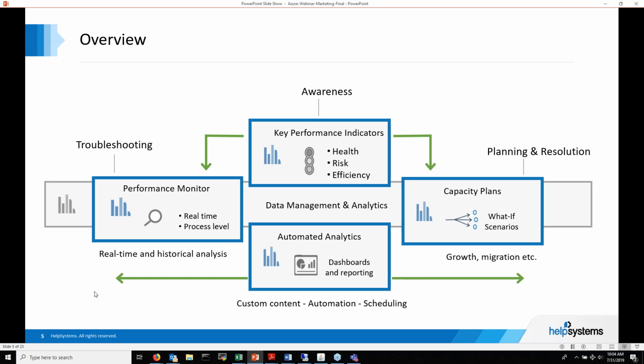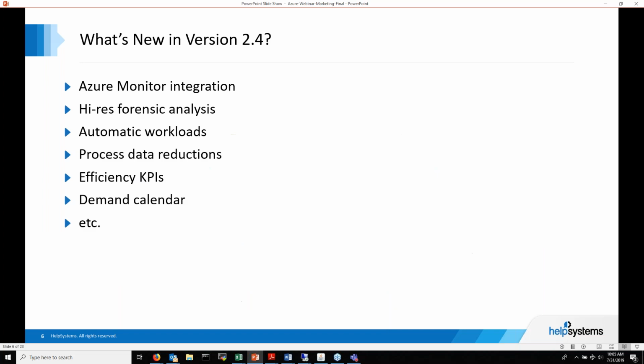It also serves as an opportunity to create custom reports and analytics that may be unique to your environment and schedule those to be run and provided to whomever it is that you want to see those reports. So that's a high-level overview of the various different capabilities that we have in the Vityl Capacity Management solution.